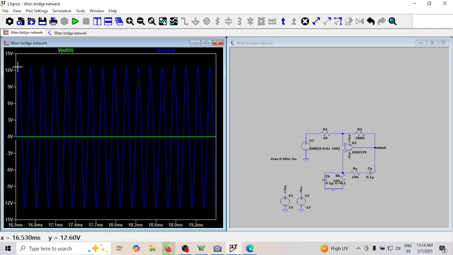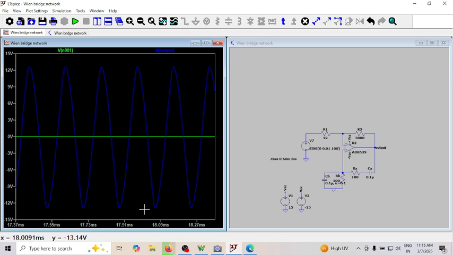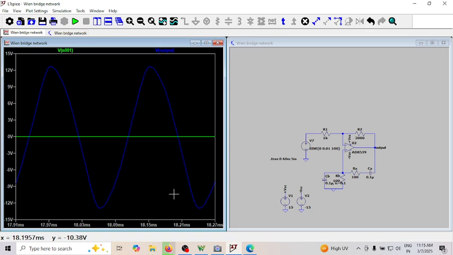It's going up to 12 or maybe 13 volts where the output is saturated. When you see the output is saturated, you're not getting the intended thing. If you find the frequency of this, it is nowhere close to 100 hertz. You expected this circuit to amplify. Now it is oscillating.